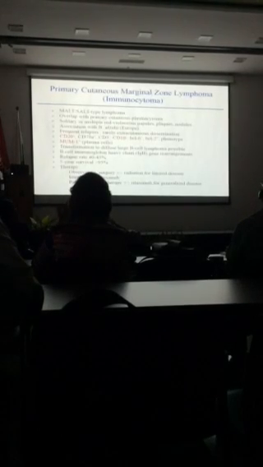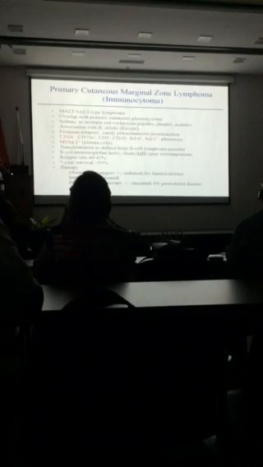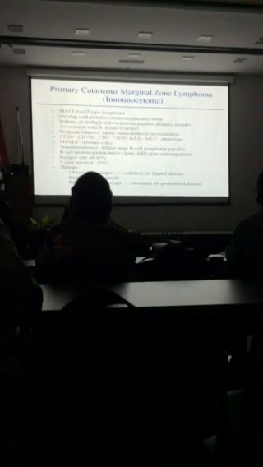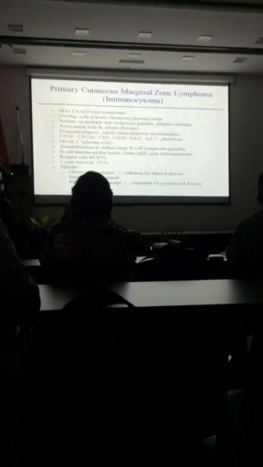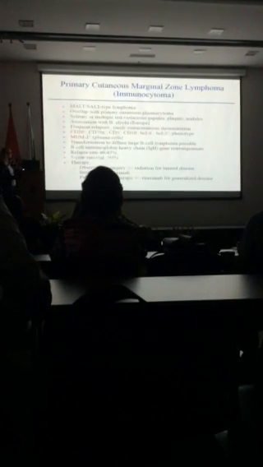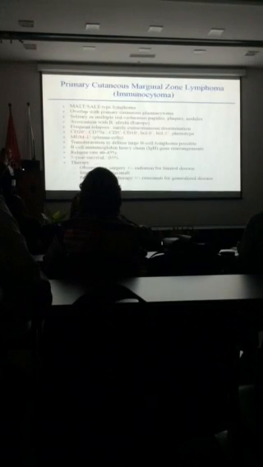The phenotype is usually CD20 positive, CD79 positive, negative for CD5, negative for CD10 and BCL6, but positive for BCL2. Usually the plasma cells are positive, and you can get a strong reaction if you have a lot of plasma cells.